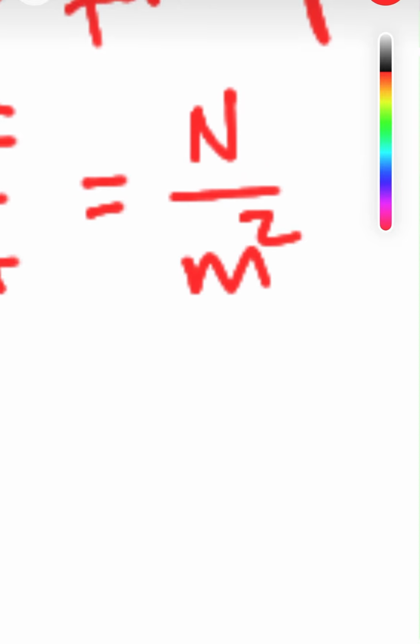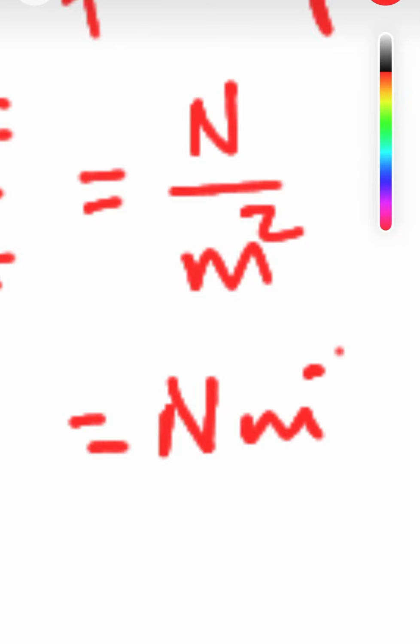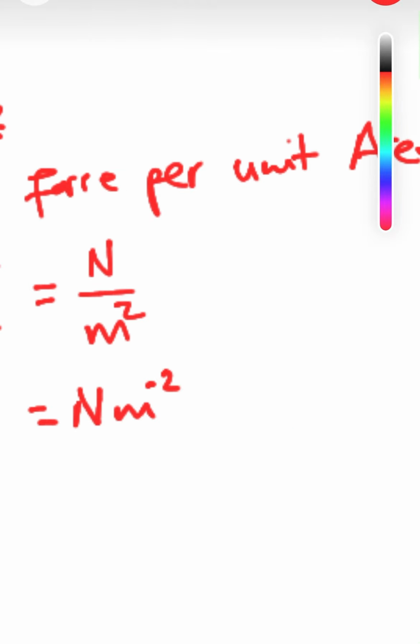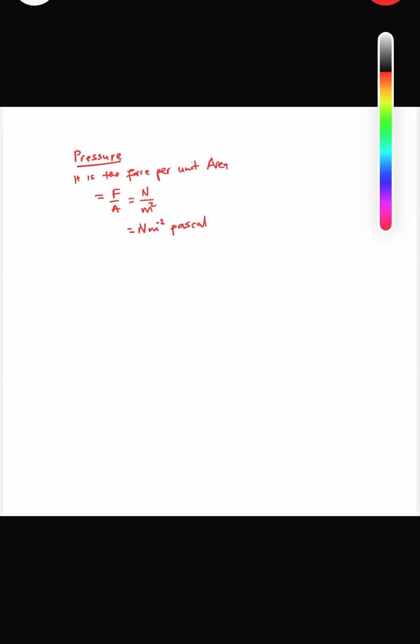So the newton per square meter, we can write it like this. Newton per square meter is also called a pascal. So that's the unit of the measurement of what?